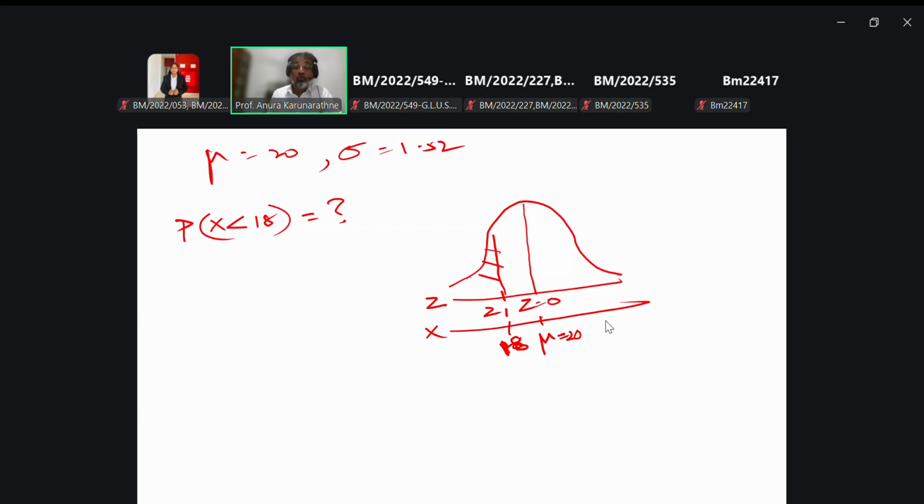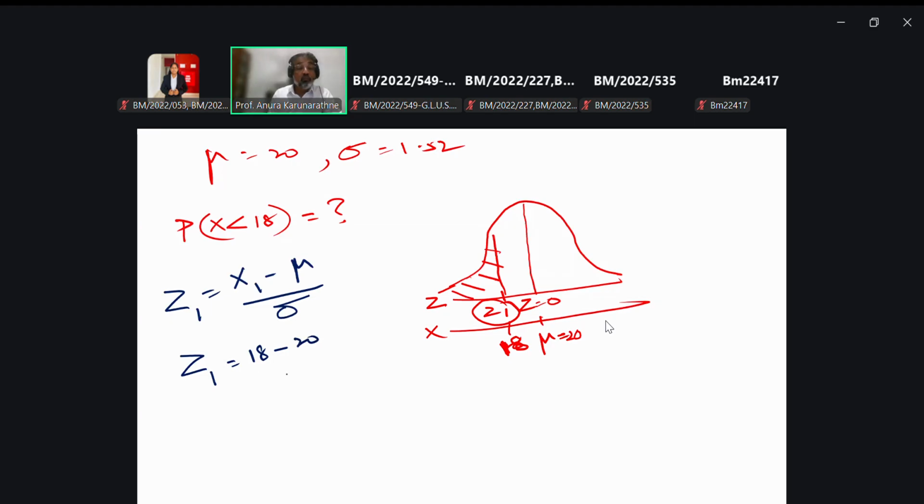Then first of all, we have to obtain Z1. So how to obtain Z1? Z1 equals x1 minus mu over sigma. So x1, you know, is 18 as per the new question.